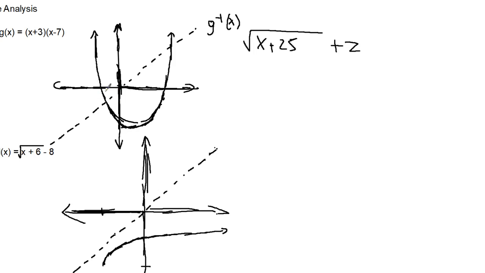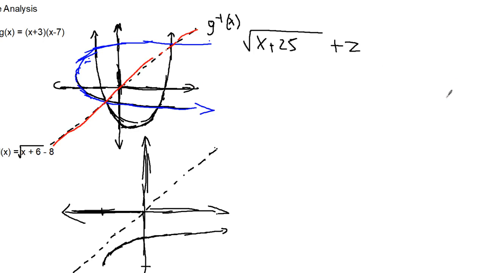So we would start seeing this be reflected kind of like this, right? Let me use a different color. We start seeing this being reflected kind of like this, and like that. Because it's reflected across this line right here, you will see this type of shape.